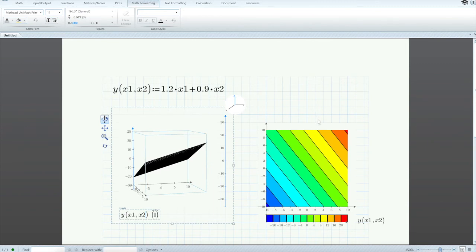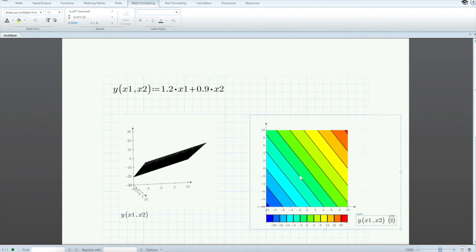And here on the right side, we have the contour plot of this function. The colors give the surface levels. Color is in place of the value of y, which is the third dimension.